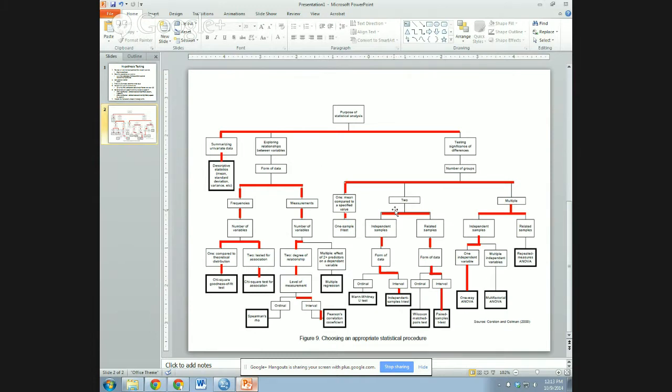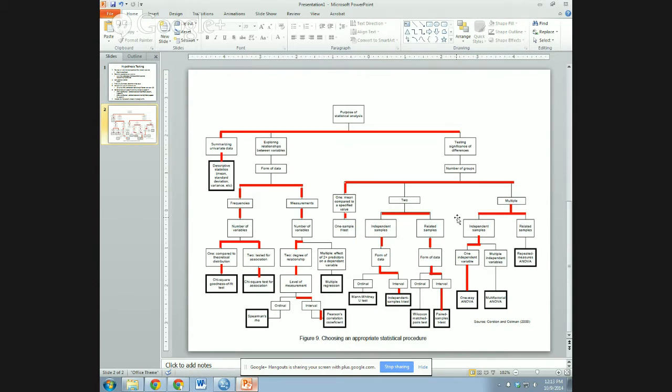Now what happens if we have multiple means? Well, if we have multiple means, again, 2 is multiple, so technically we could use a t-test if appropriate. The alternative is typically used when there are three or more samples.